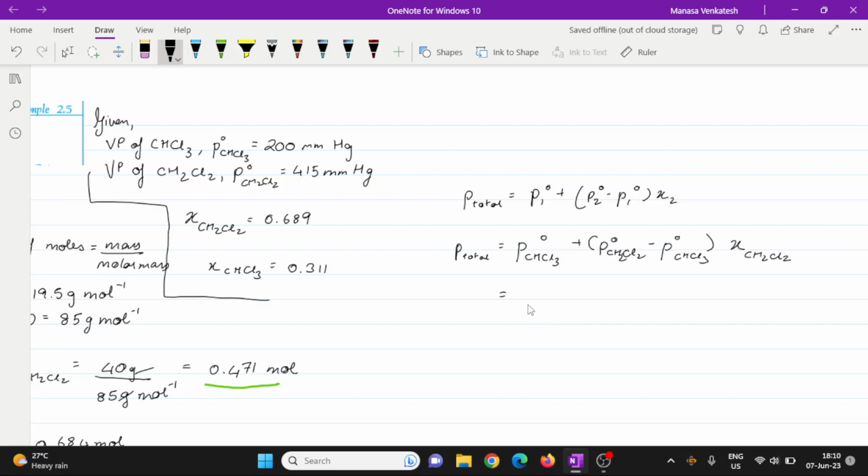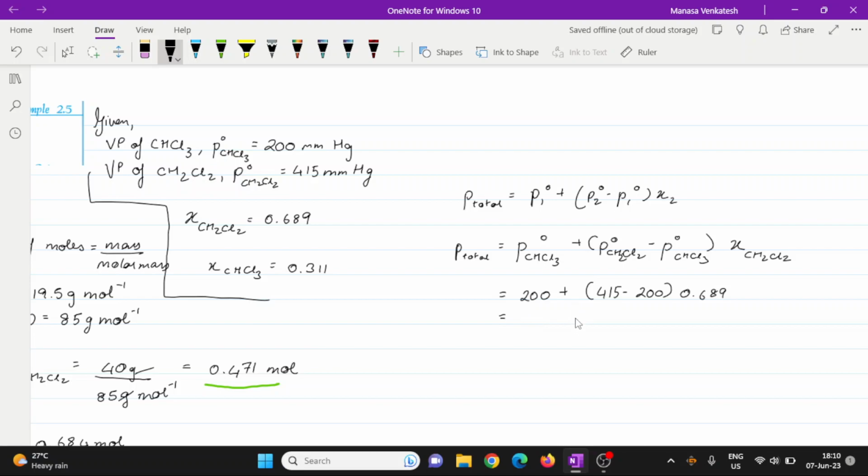Okay, so the next thing, we are just going to have to substitute all of these values. So you'll have 200 plus 415 minus 200 into the mole fraction of CH₂Cl₂, which is 0.689.